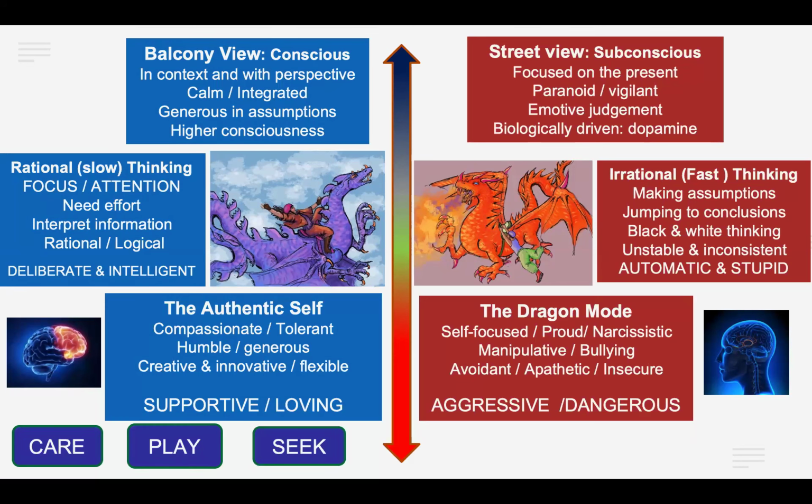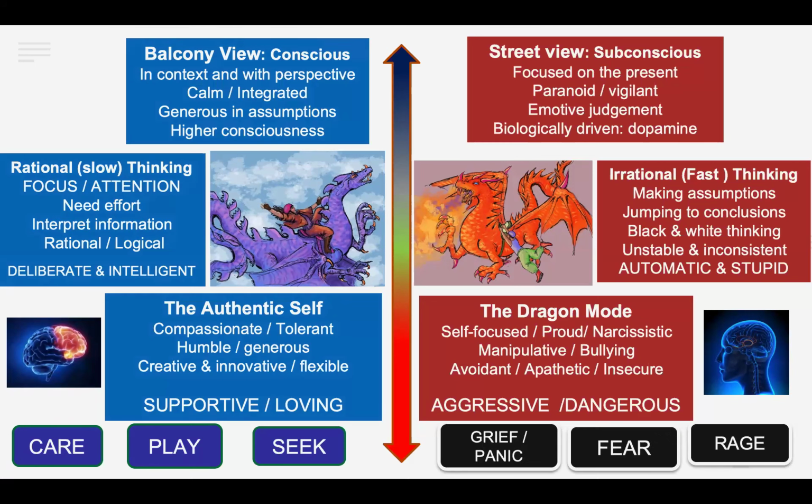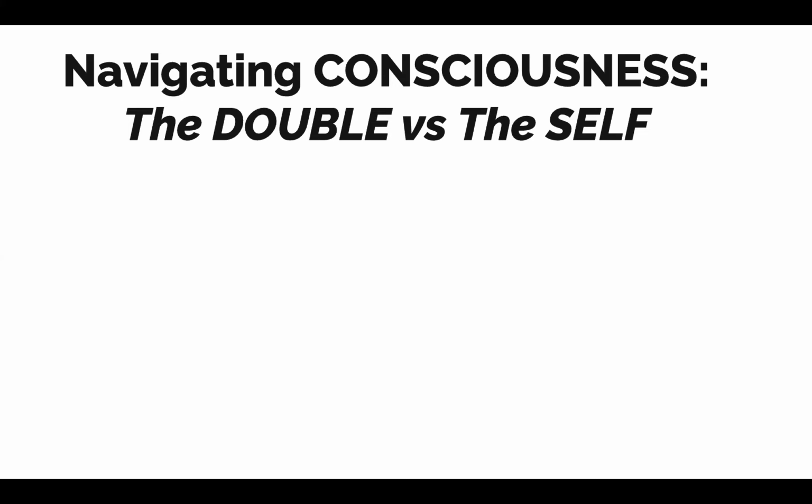When we are within our authentic self, we're able to access the emotions of care, play, and seek. These are primal emotions with primal neuropeptides linked to them. And when we are within our survival mode, we are going to be having emotions like grief, fear, and panic. So let's quickly look at those and think of it in terms of feedback and mentoring.